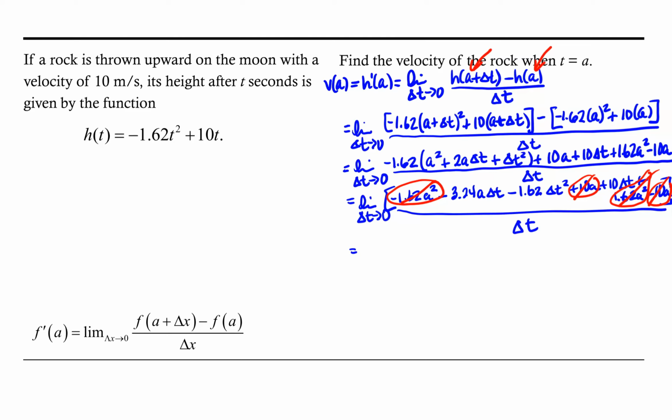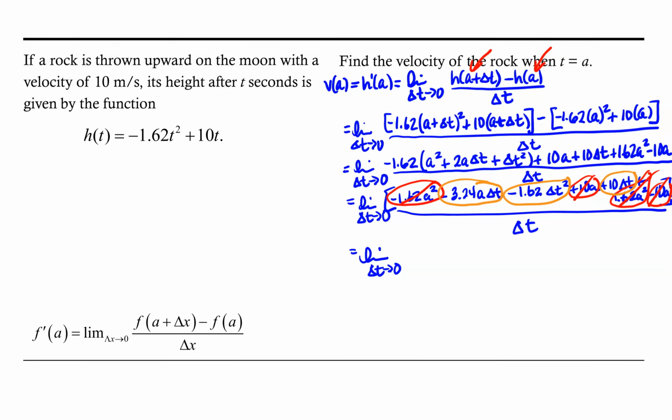So this equals the limit as delta t goes to 0. Now, we do have negative 3.24A delta t and a minus 1.62 delta t squared and a plus 10 delta t that have survived.